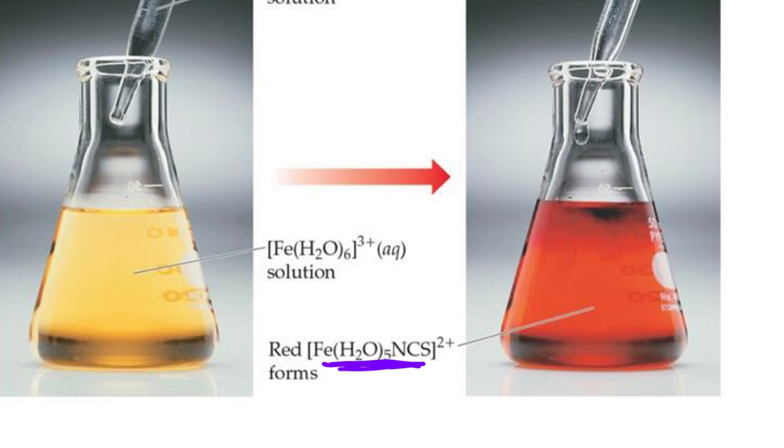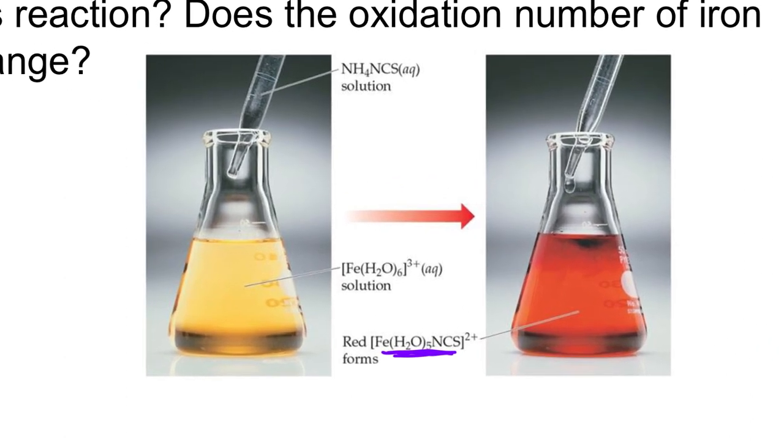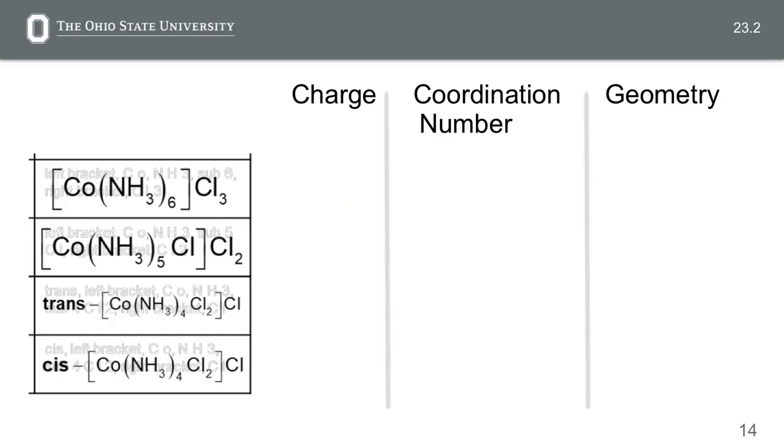Now, the question at the top of this is, does the coordination number of iron change? And does the oxidation number change? Okay? And let's go to the next slide. I skipped over this slide. We'll quickly do this for you because they end up being all the same.